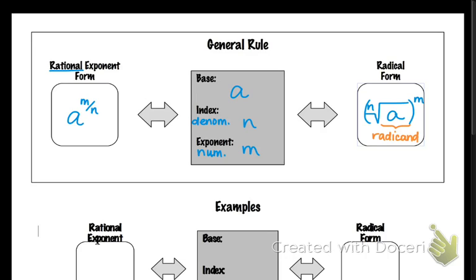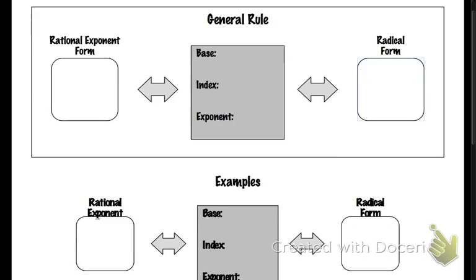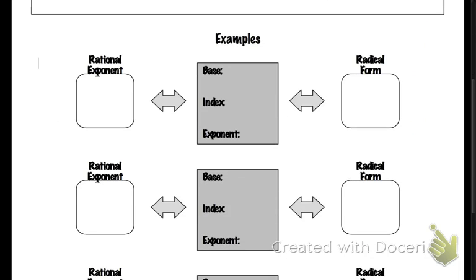So let's look at a couple of examples. If we have an example like 8 to the 2/3 power, let's kind of break these pieces down. So again, the base of the exponent is going to become our radicand. So the base here is 8.